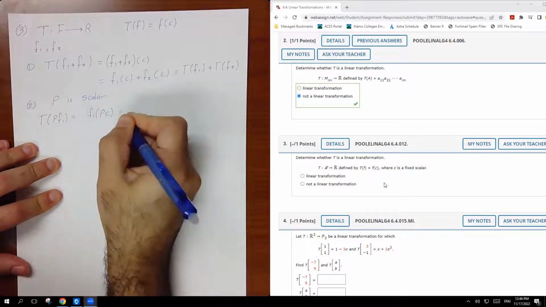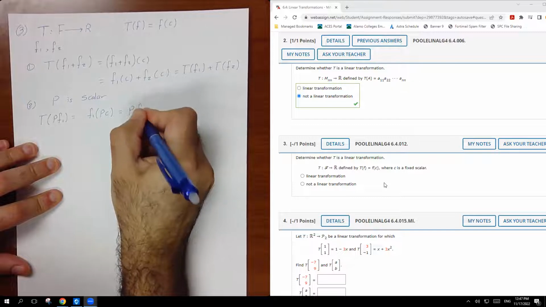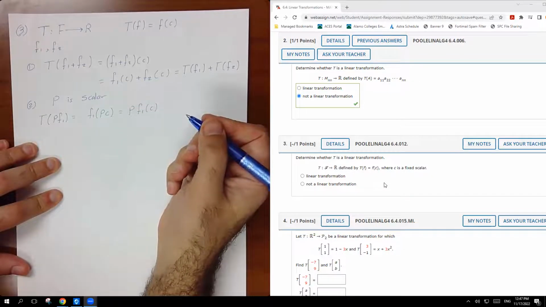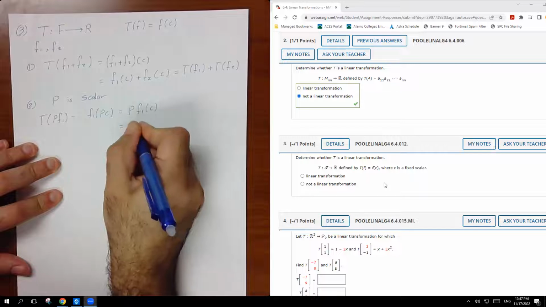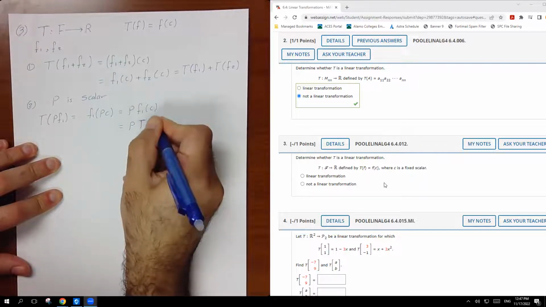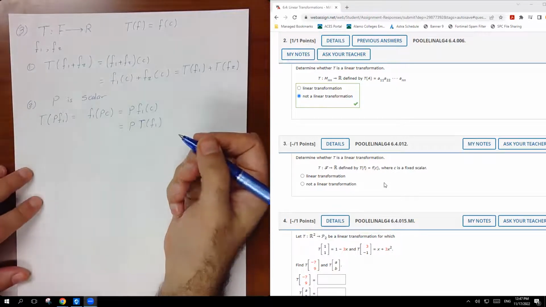And this one is equal to P times F1 at the scalar C. And here it is going to be the scalar times the transformation of the function F1. So that's it. These two conditions are satisfied.